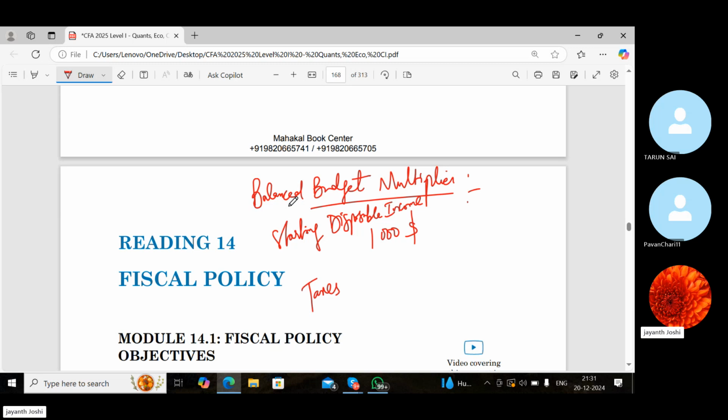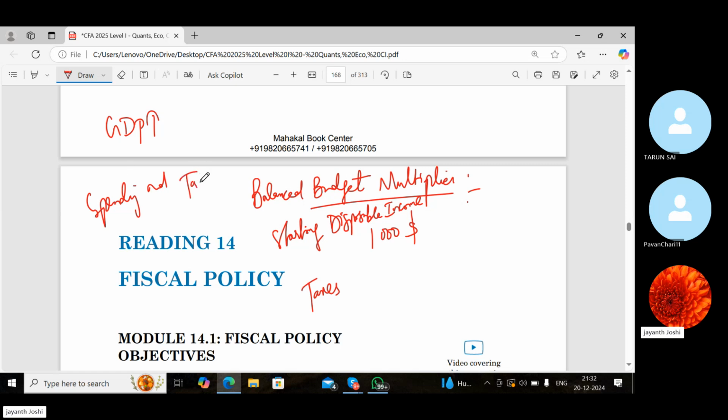See, we will discuss what this balanced budget multiplier is. So balanced budget multiplier shows what? How government can increase the total GDP. So government will increase the GDP by increasing what they're spending, and they have to spend money.